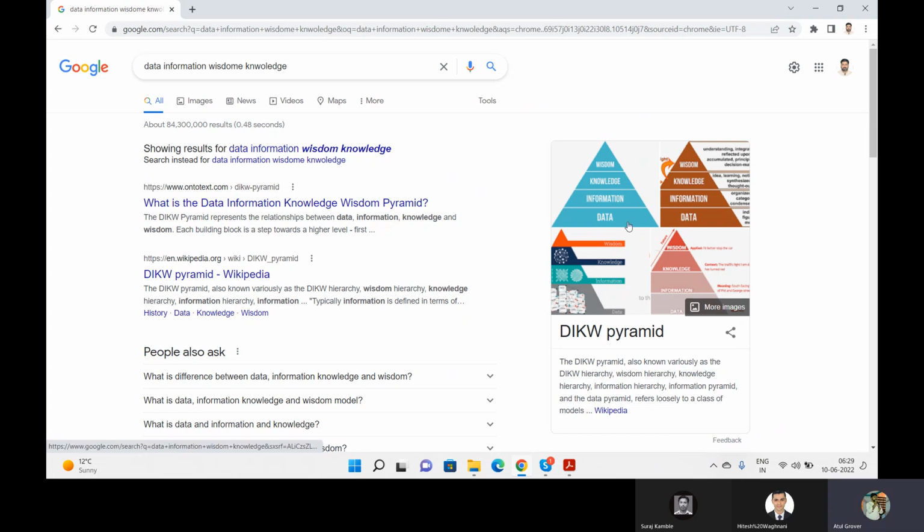We have data. From the data we find the information. From the information we find the actual knowledge. And on the basis of the knowledge we get wisdom.